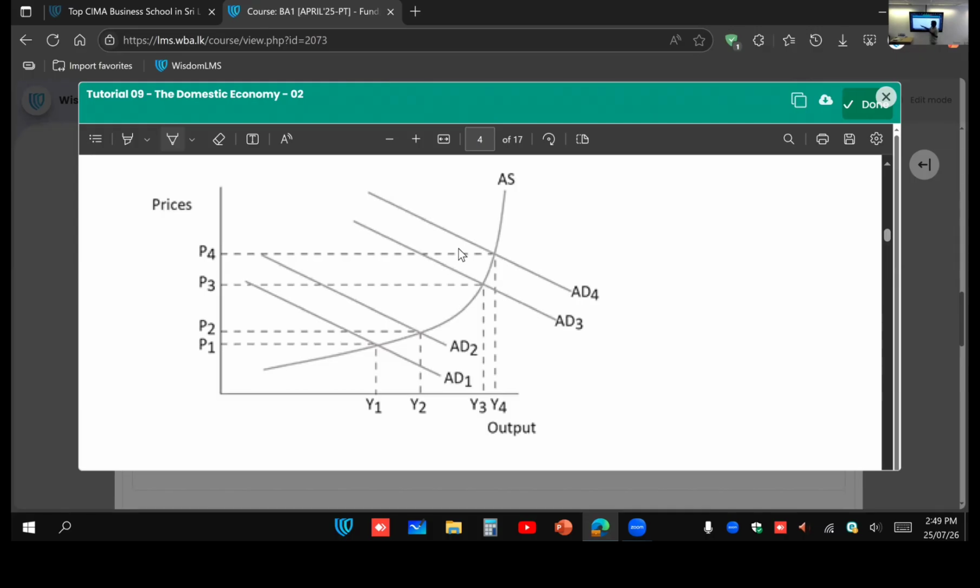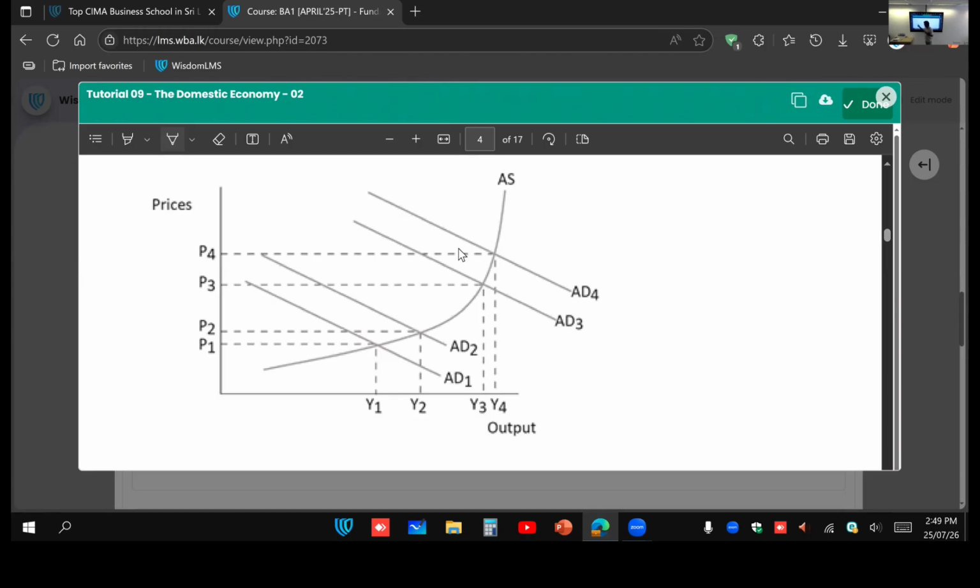When you change the aggregate demand due to some reason, I'll be telling it, at this stage of the supply curve, the change in output is high, whereas the price change, changing price, increasing prices, inflation, is small.